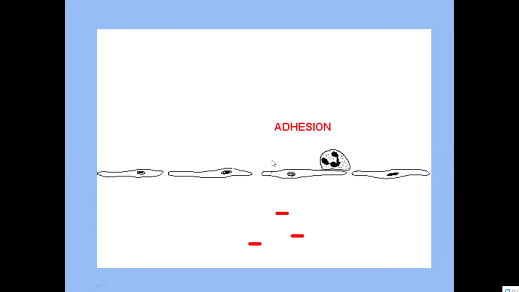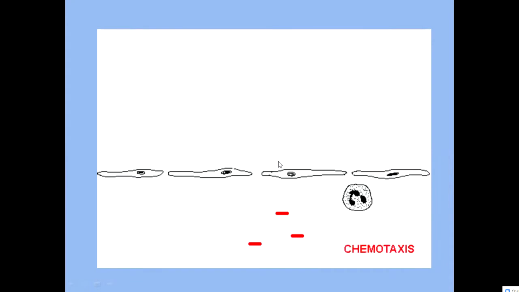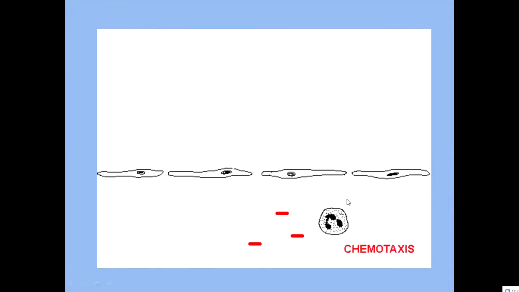The endothelium will attract the neutrophil. This attraction is called margination. Once it marginates, it starts rolling, and the endothelial contraction will have formed the gaps, and through the gaps the neutrophil will pass out. This portion is called diapedesis. After diapedesis, chemotaxis.